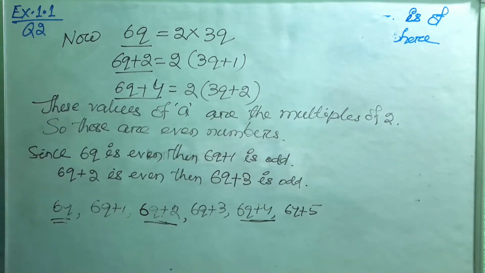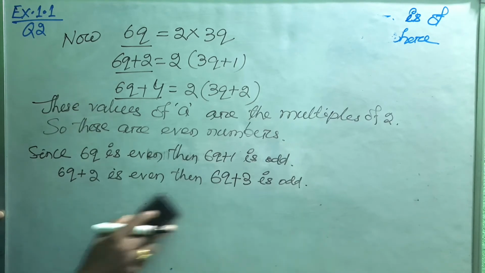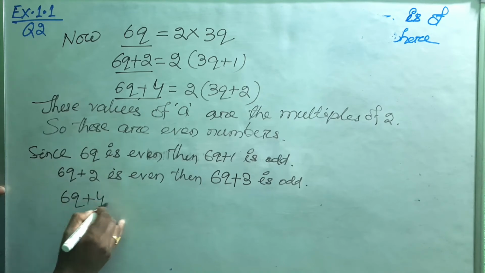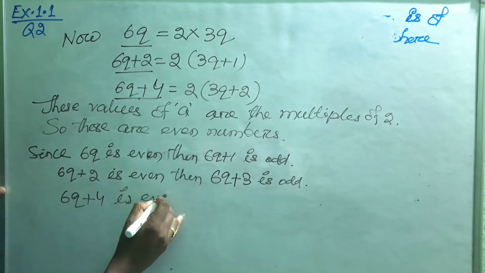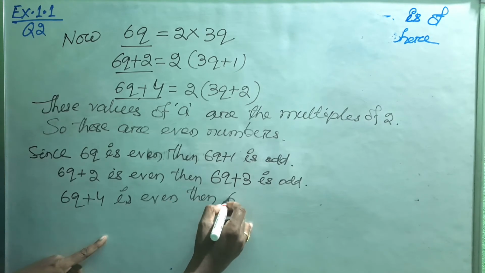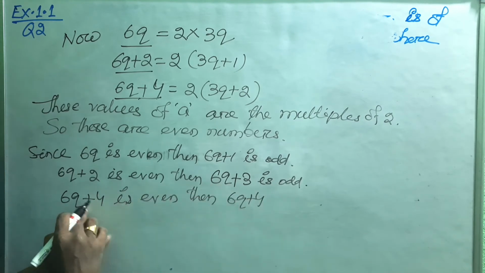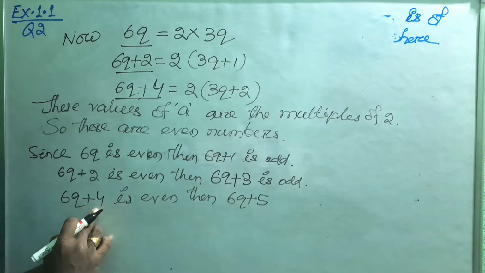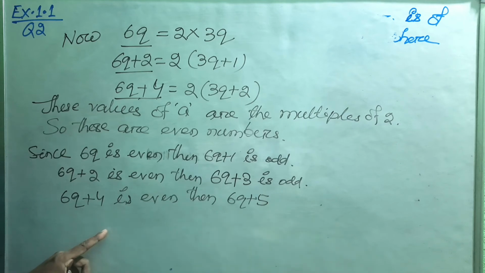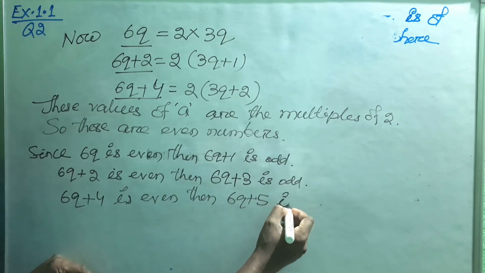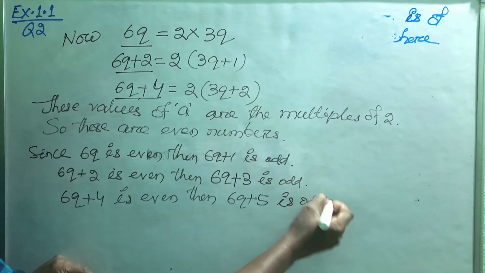Similarly, if 6q plus 4 is even, then 6q plus 4 plus 1, that means 6q plus 5. If this is even, then if you add 1, it will be odd. Then 6q plus 5 is odd.